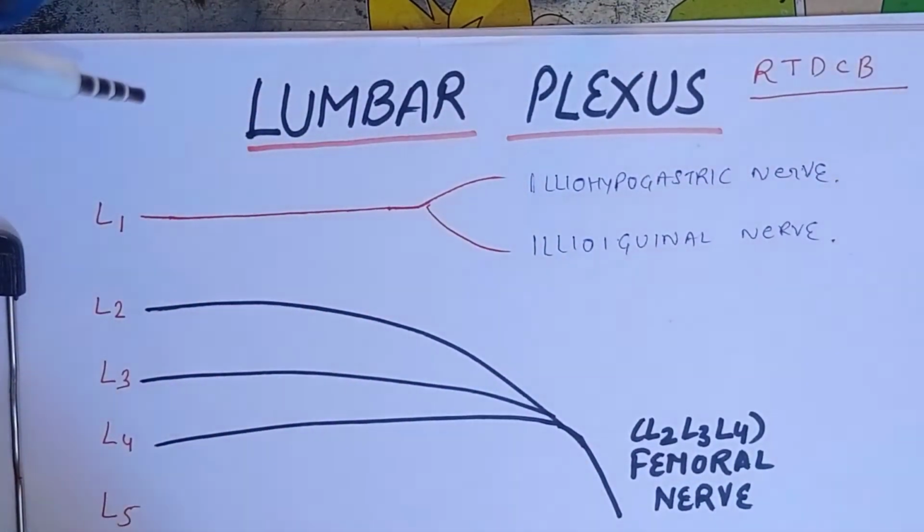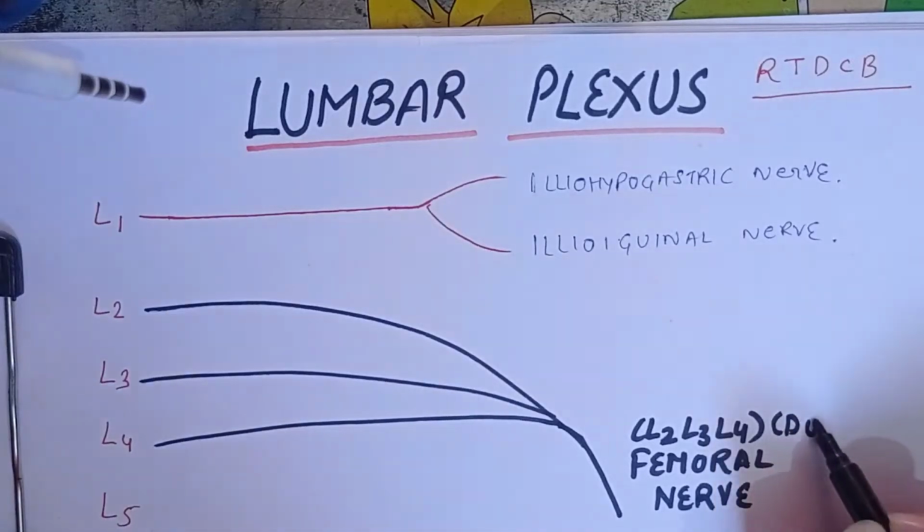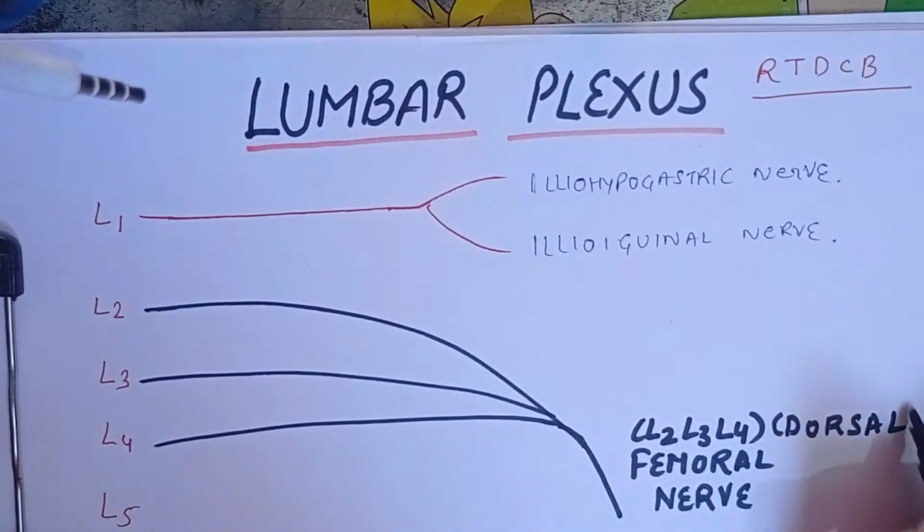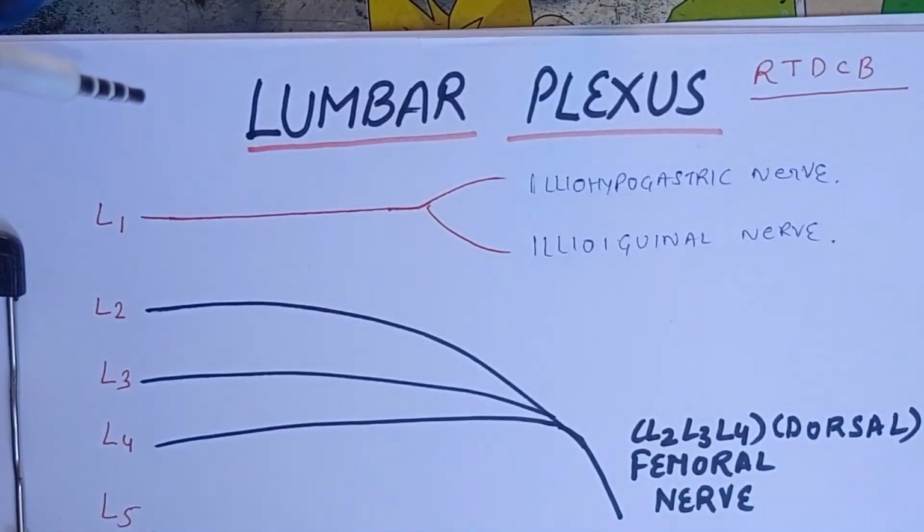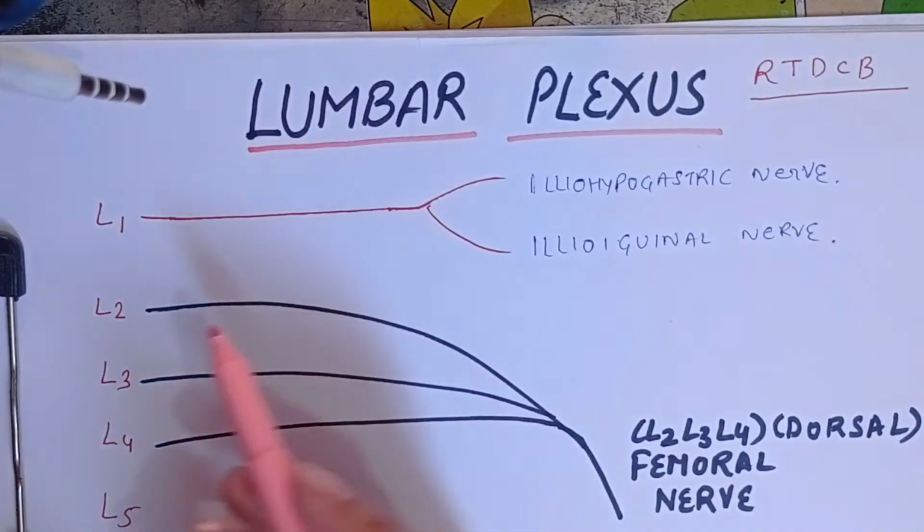And which division? Remember, dorsal division. Similarly, L2, L3, L4 gives off another, the ventral division. I will draw it with this pink color.